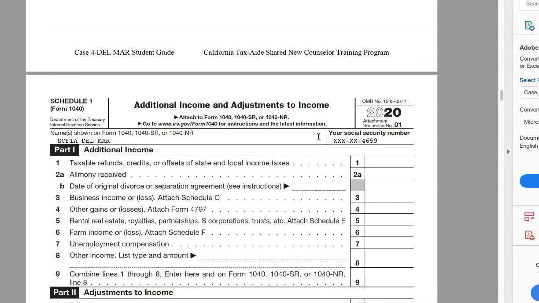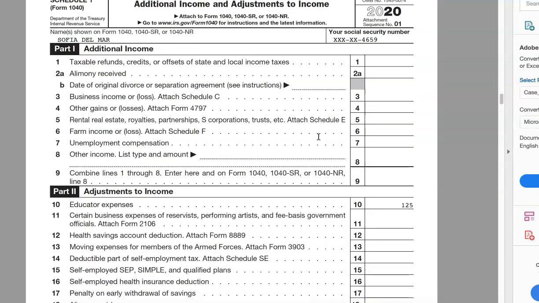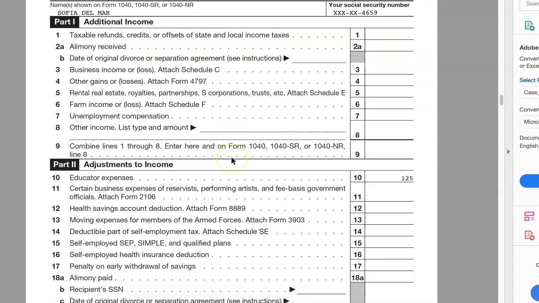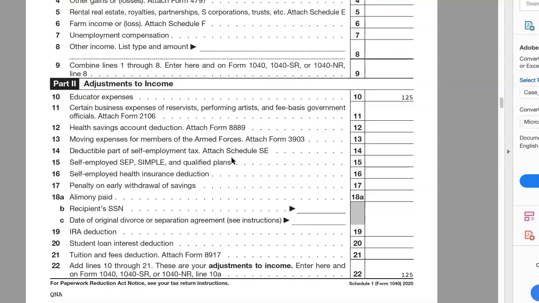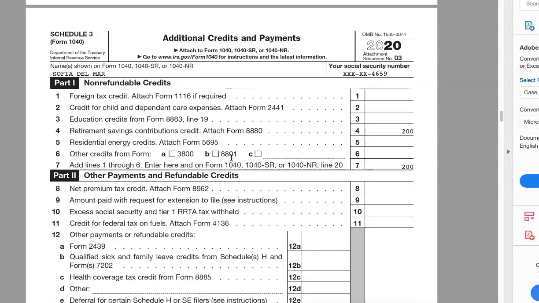If we go to Schedule 1, we see educator expenses. We check the intake booklet, and that also has educator expenses on it. So that's your tip to ask for the dollar amount. We look at Schedule 3. We have retirement savings contribution credit.